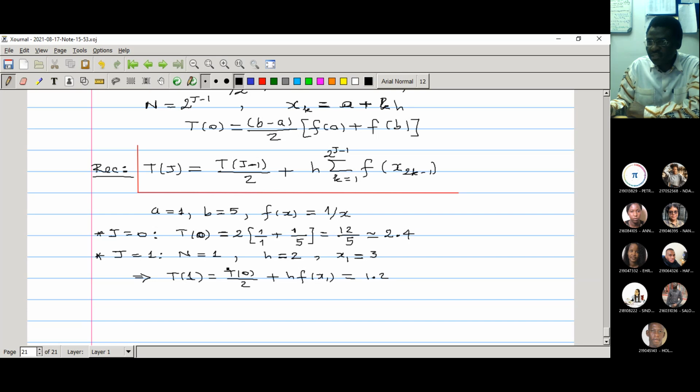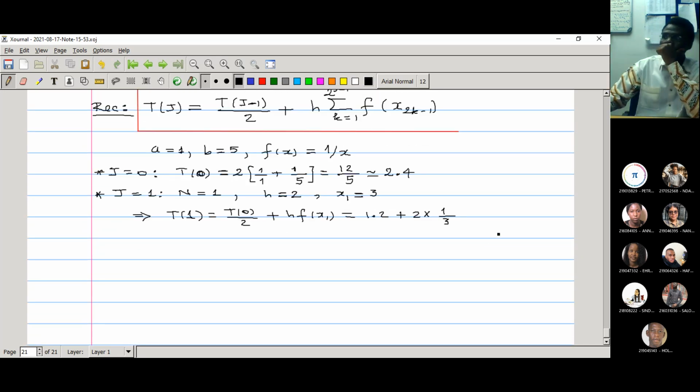I can divide this directly, which is 1.2, plus H is 2 times F of 1, so 1 by 3. Is that clear for everybody?